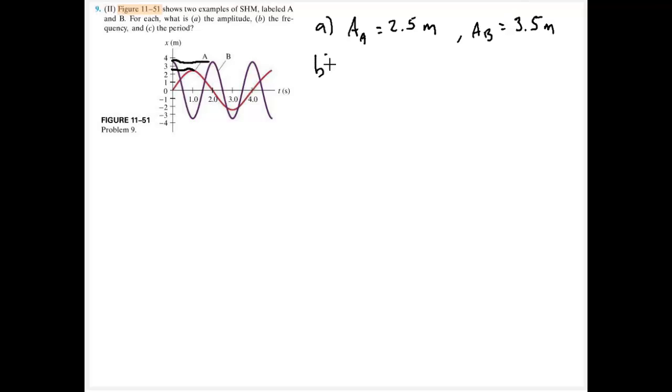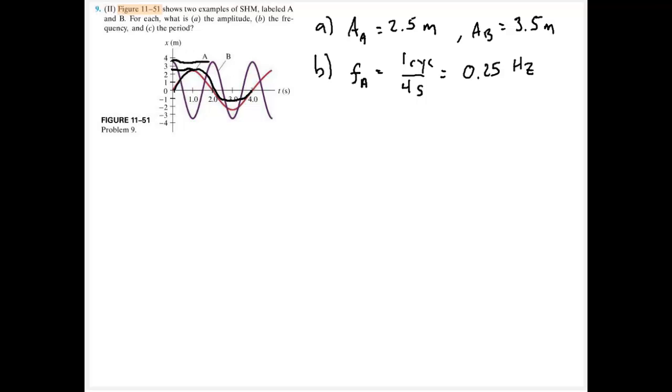To take a look at the frequency, that is how many cycles per second. So A is going to cover one full cycle in 4 seconds. That tells you the frequency of A is going to be one cycle divided by 4 seconds, or 0.25 hertz.